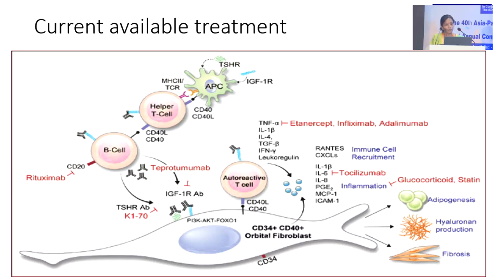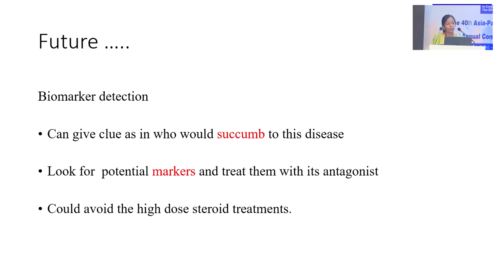They were all pilot projects, but many are under trial also. So the future could be that biomarker detection can give a clue as to who could succumb to the disease, and it can also give a clue about the potential markers, and we can treat them early with the specific antagonist so that they do not go on to a very severe active disease.